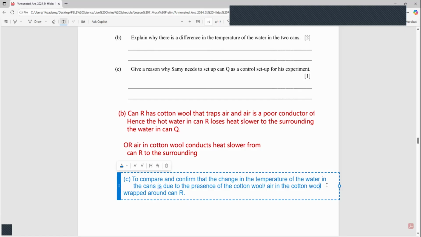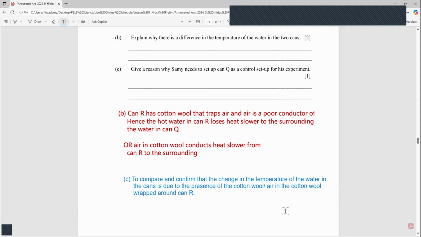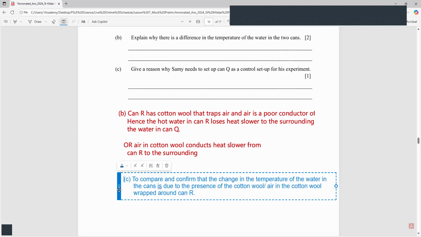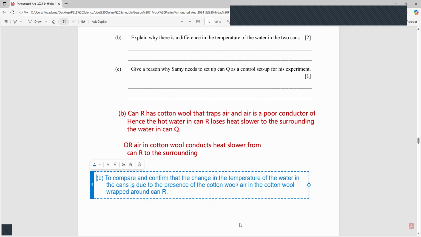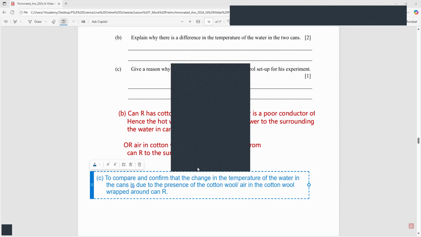So this is a standard way to answer control setup: to compare and confirm the change in temperature of water in the cans is due to the presence of cotton wool or the presence of air wrapped around can R.